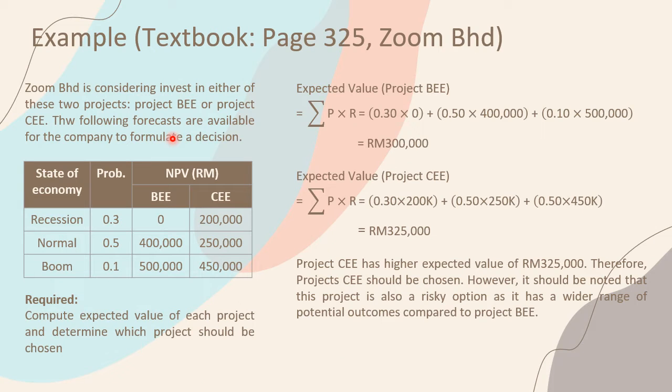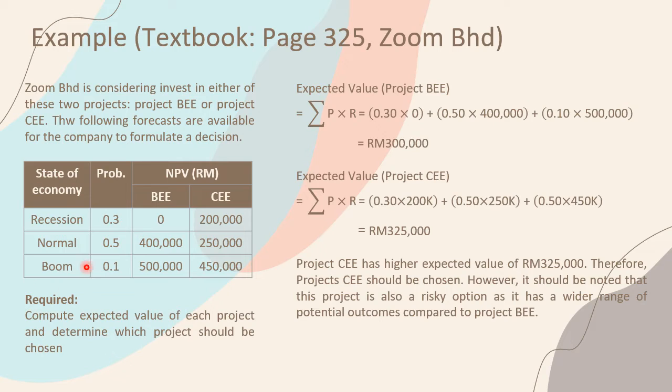So I take this for example. This example is from the textbook, page 325, Zoom Berhad. Zoom Berhad is considering to invest in either of these two projects, Project BEE or Project CEE. The following forecasts are available for the company to formulate a decision.